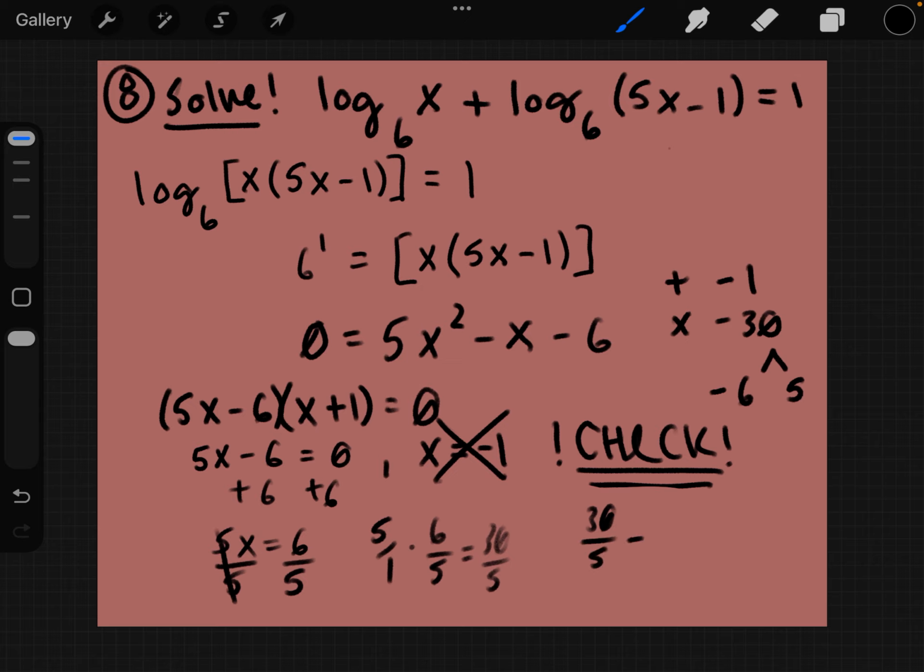To subtract fractions, you have to make sure the denominator is the same, so we multiply this times 5. And then we get 5 over 5. Which is positive. So, what is it? 6/5. This works. So your answer is 6/5.